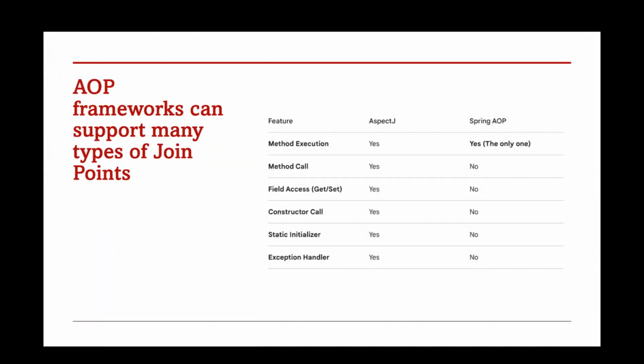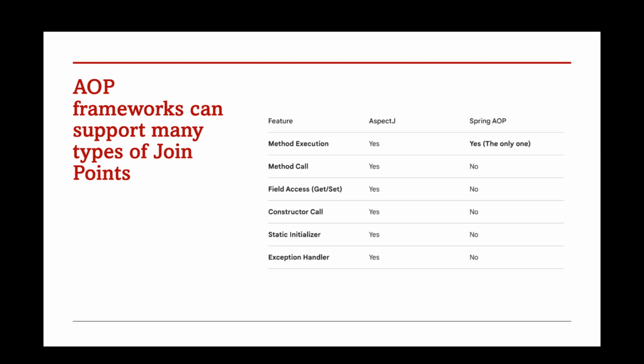In theory, AOP frameworks can support many types of JoinPoints. Method execution, method call, constructor call, field access, static initializer, exception handler. But here is something very important, and this is specific to Spring AOP. Spring AOP supports only one type of JoinPoint, method execution. That is it. Just one.